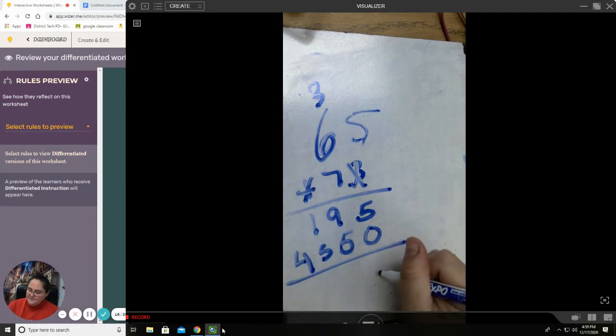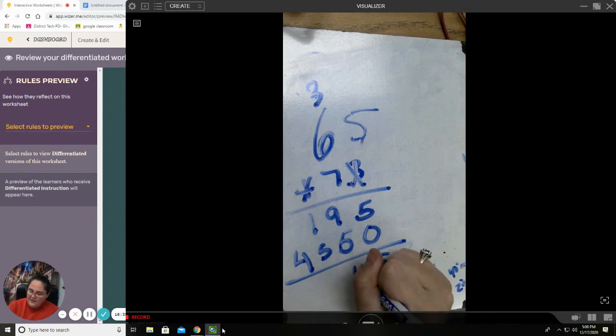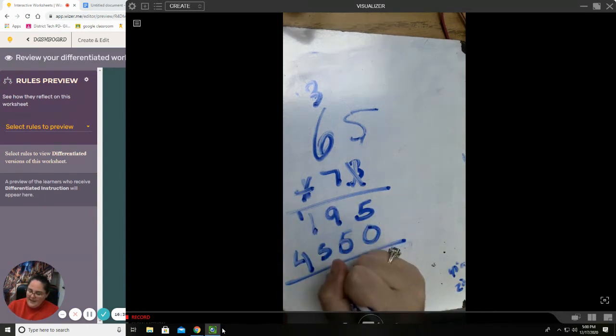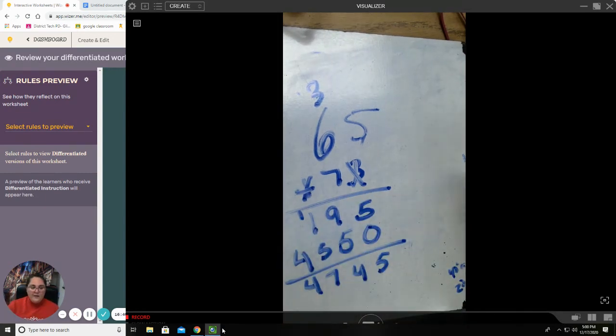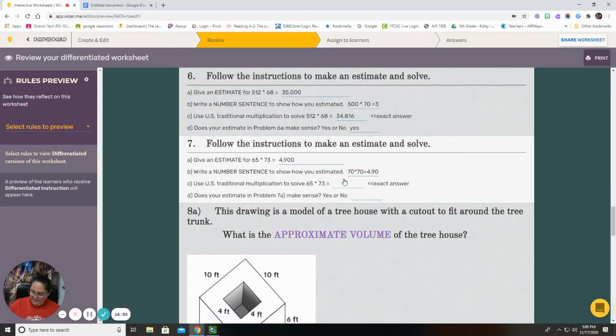Add it up. 5, 4, carry my 1, 7, and 4. Are we correct? Is my estimate close? Let's see, 4,745. Is that close to 4,900? Yeah. Done.